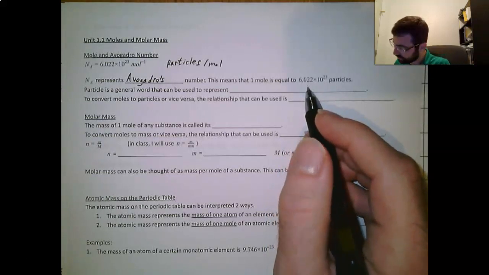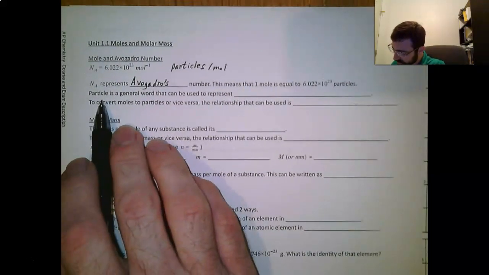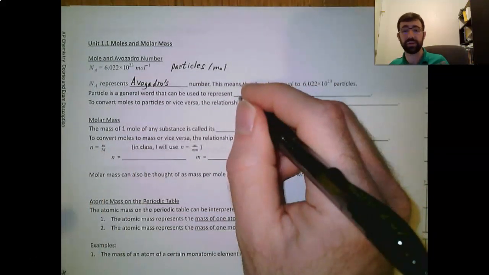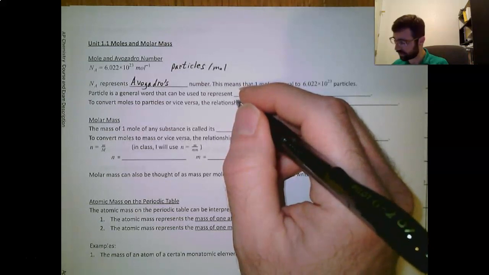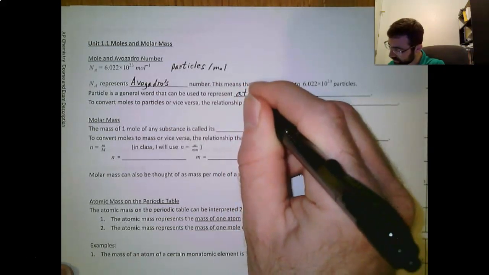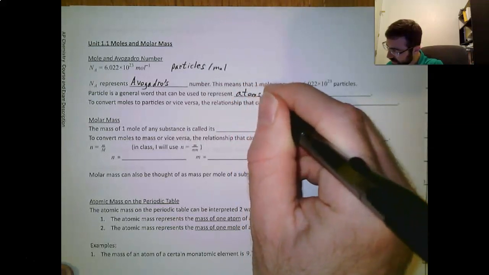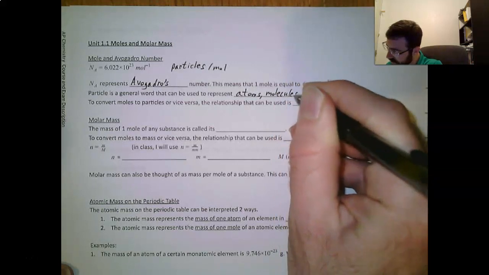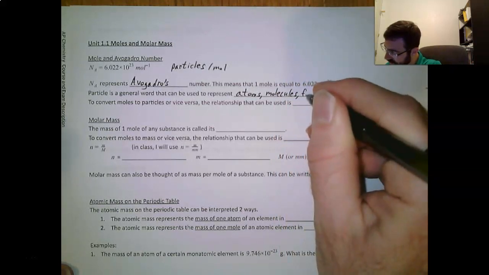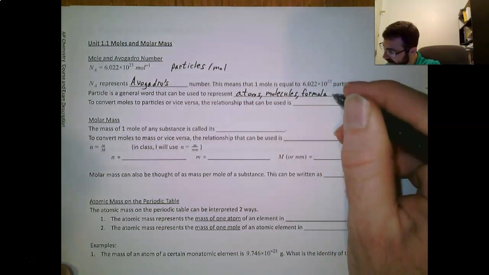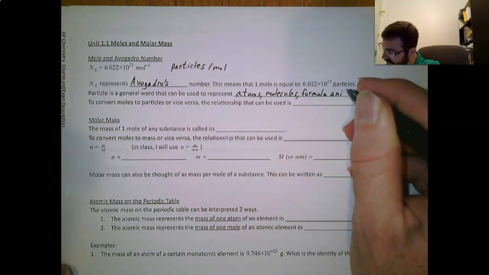So, a particle is a general word that can be used to represent a bunch of different things. I'm not going to write down everything it could possibly ever represent, but it can represent atoms, molecules, formula units. That's what we call a particle of an ionic compound, formula units.